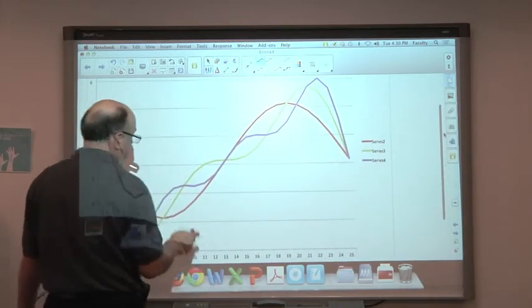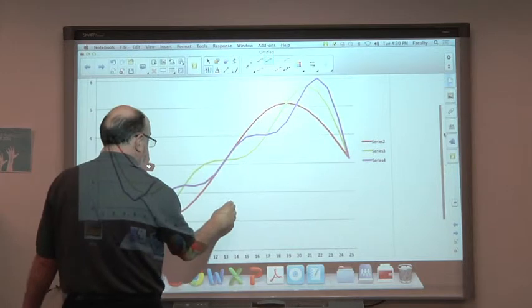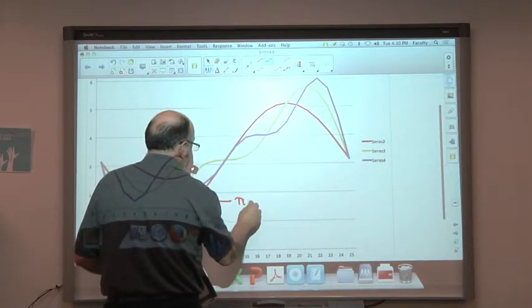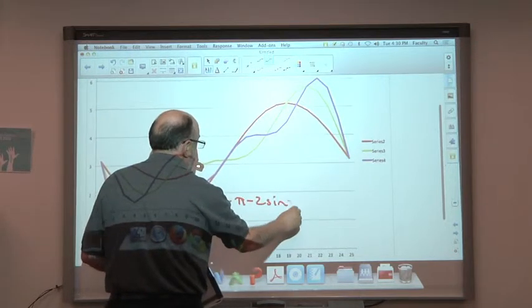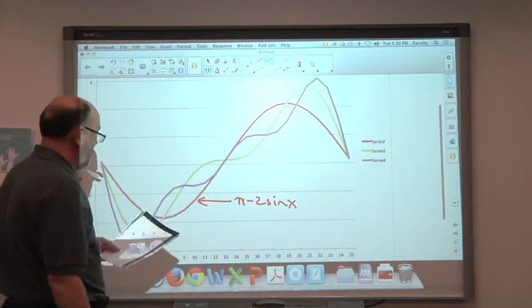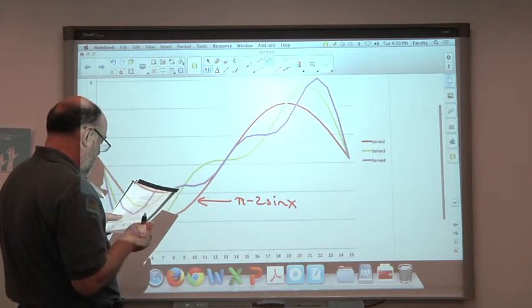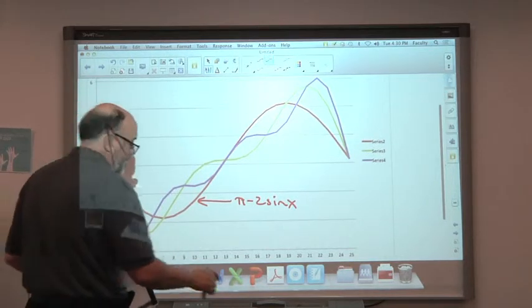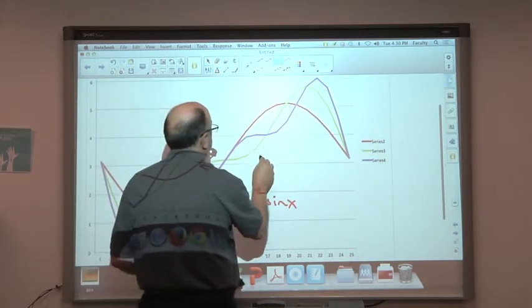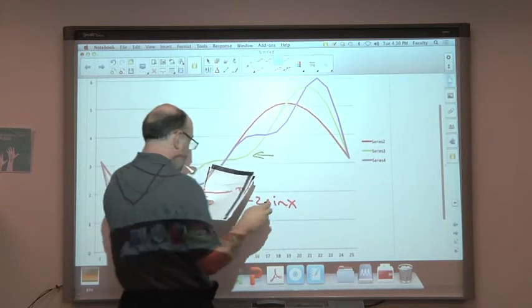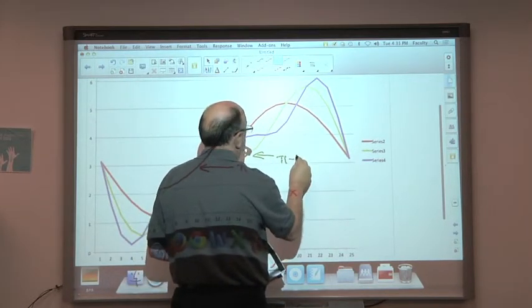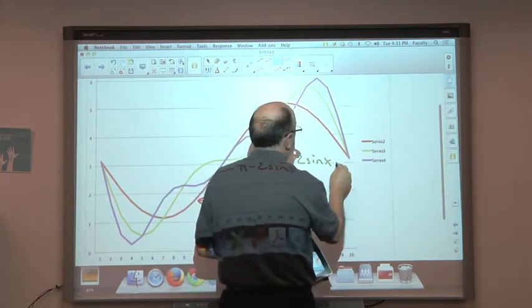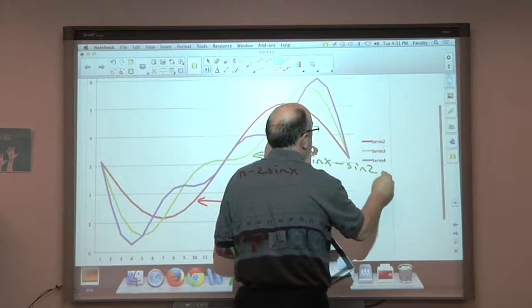And so the red one is just pi minus 2 sine x. In this case, the green graph is pi minus 2 sine x minus sine 2x.